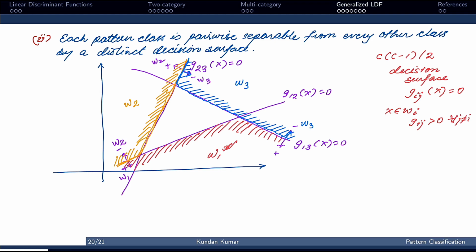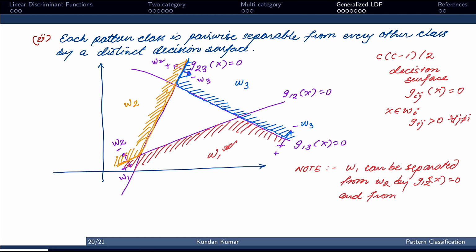So here one thing can be noticed: in this case omega 1 can be separated from omega 2 by g12(x) equal to 0 and from omega 3 by g13(x) equal to 0.